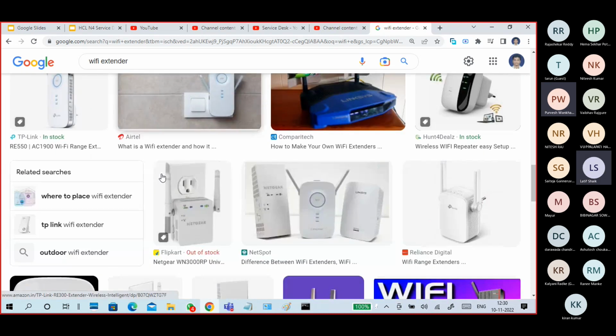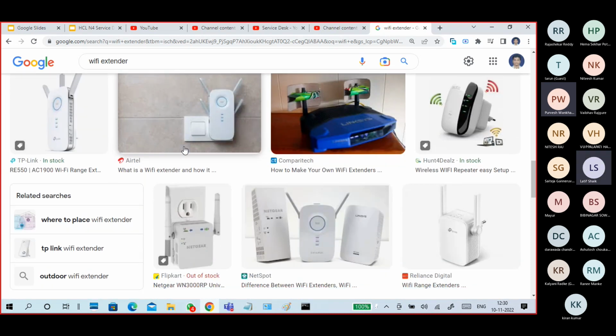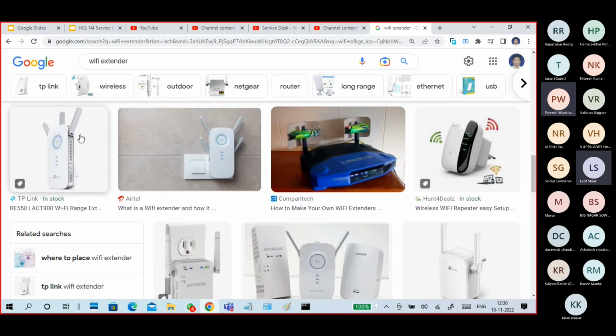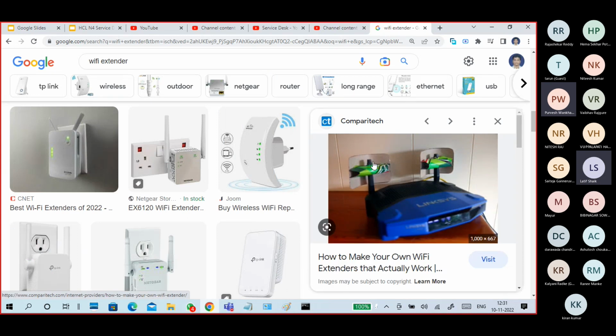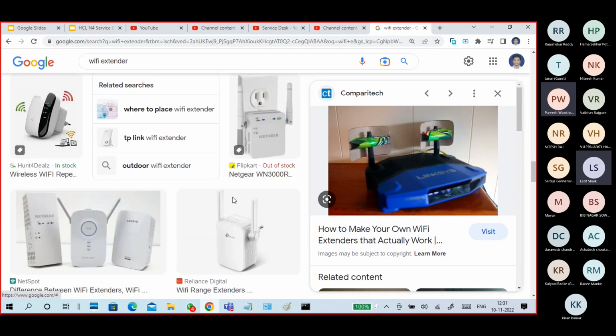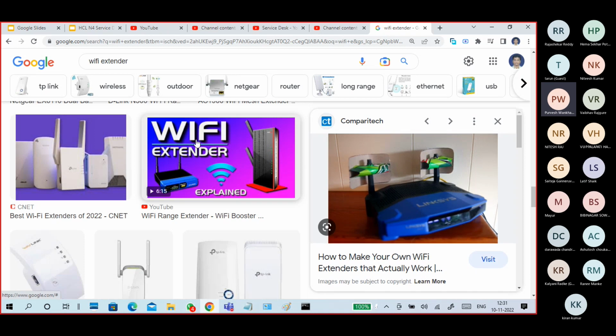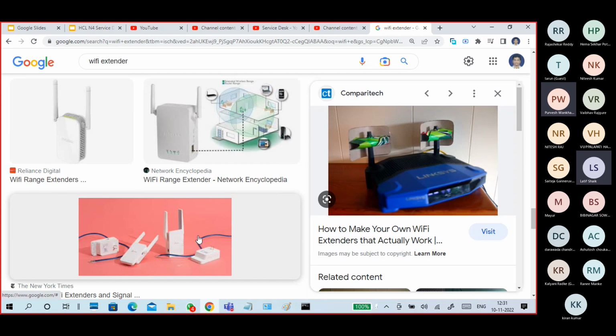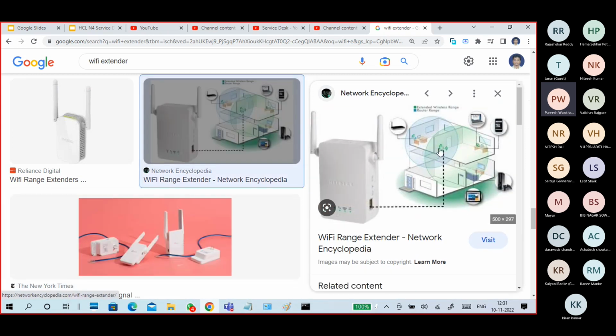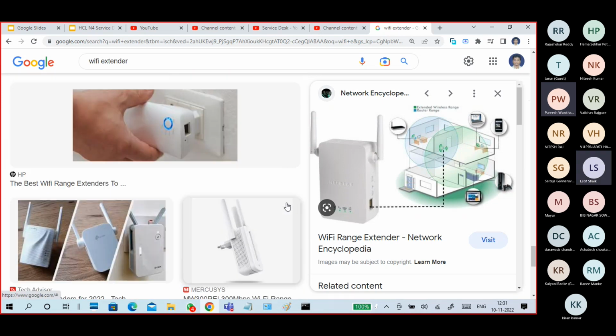Somewhere there's a diagram of how this extender works. Recently people buy an extender and some give this kind of idea. The Wi-Fi extender, how it works, is also given here on YouTube. So in this place, this is the Wi-Fi router, and this is the extender to send the signal for a longer distance.